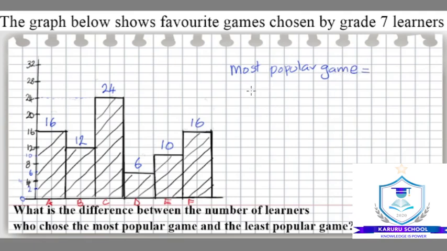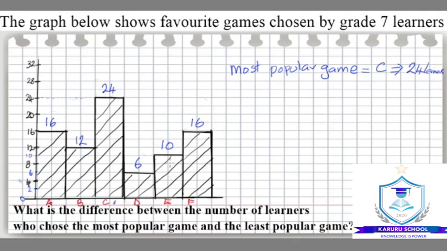This is the game with the highest number of learners who preferred it. Looking at the graph, the most popular game has the tallest bar, and in this case we can identify that game C was most popular among the learners. So we have game C, which had 24 learners preferring it.